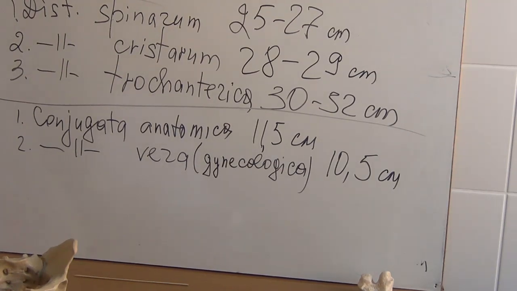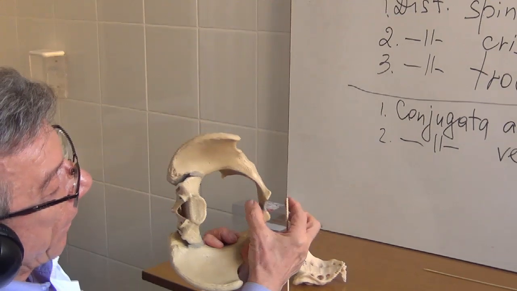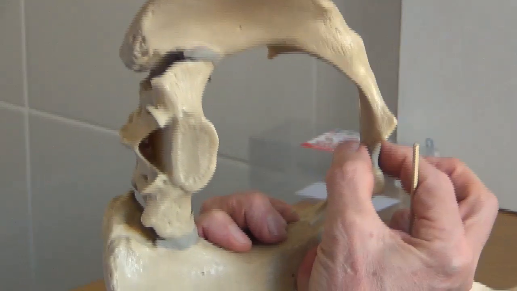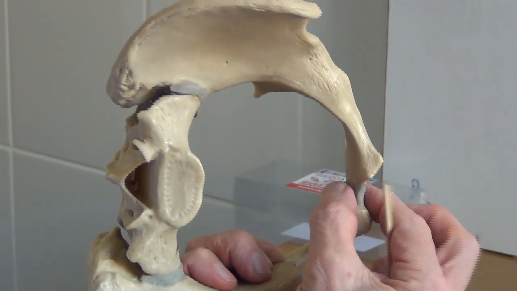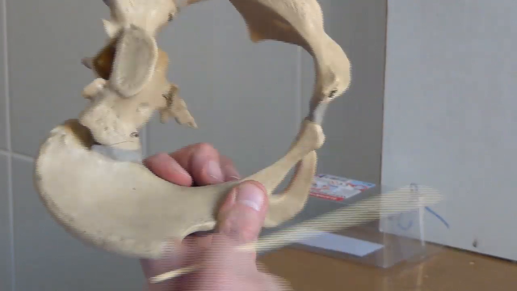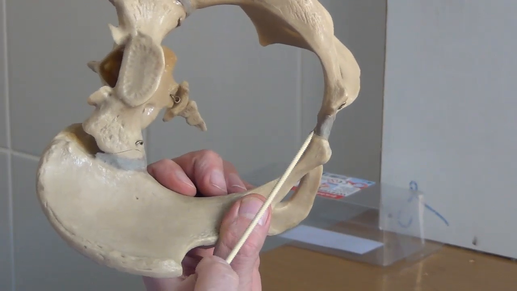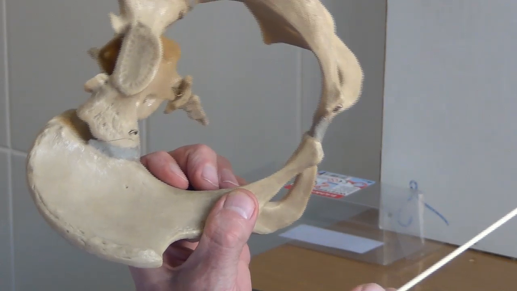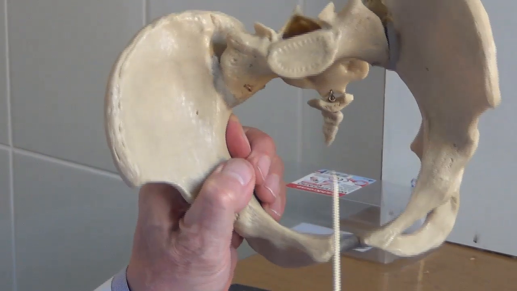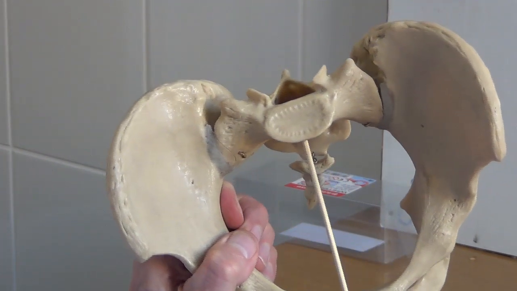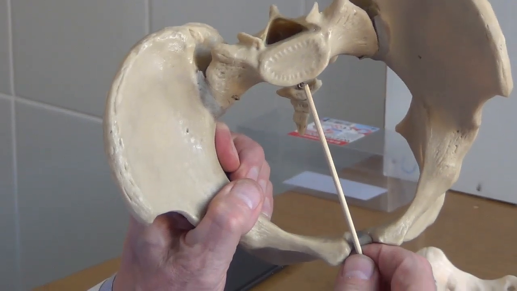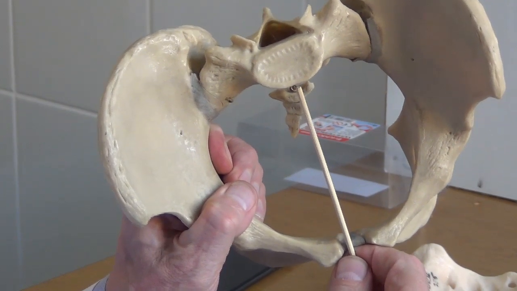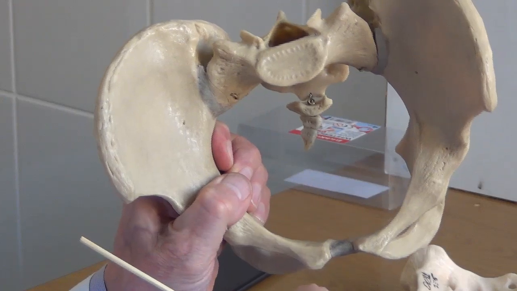So we can understand that the difference between these two conjugates is the thickness of the pubis, the thickness of the symphysis pubica. So it is 1 centimeter. It's interesting that these two dimensions are impossible to measure really.